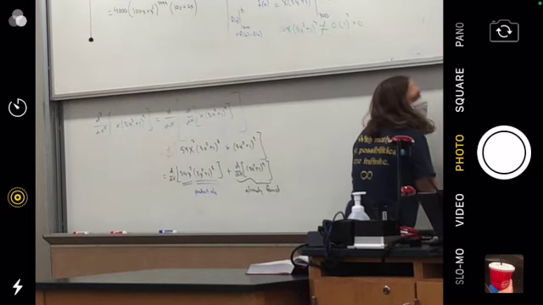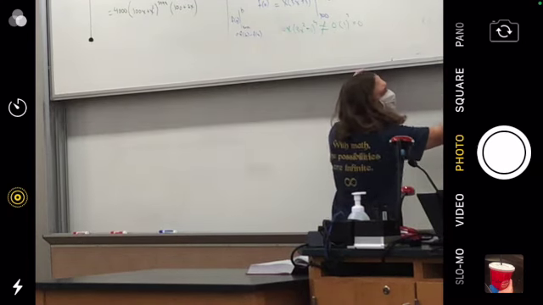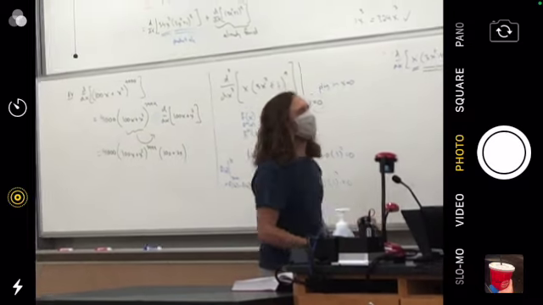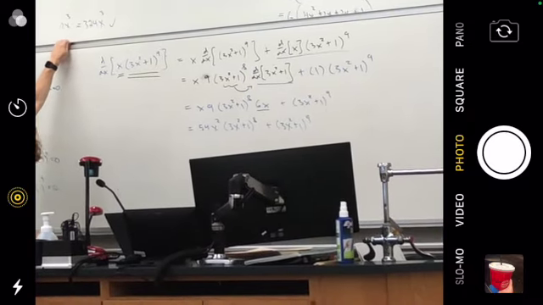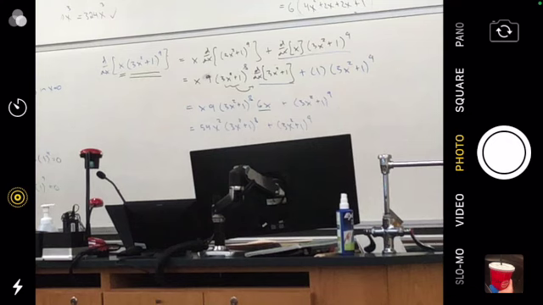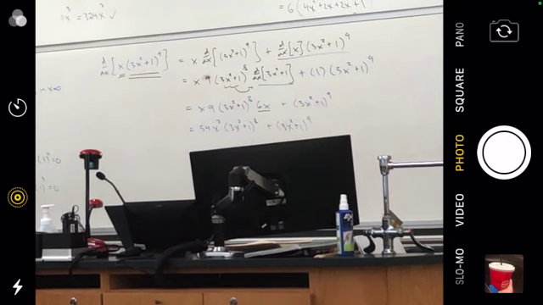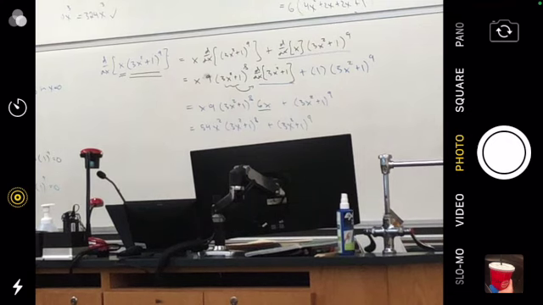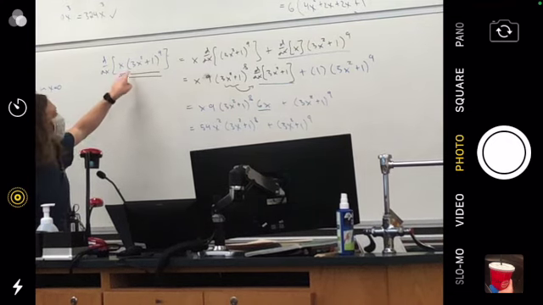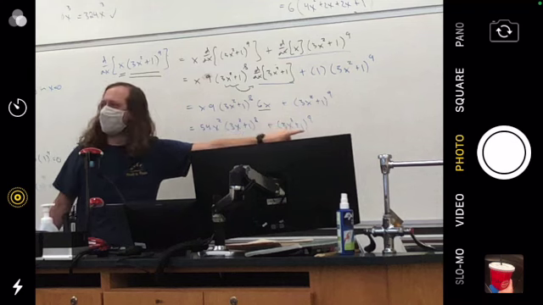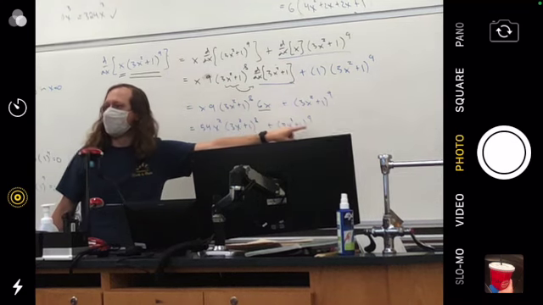The other part I wanted to show, this almost always happens when you do the product rule. When you do the product rule, you kind of still have something you can factor. What's the problem with the product rule? It takes something that is nice and factored and turns it into multiple terms, right? It's not factored anymore.